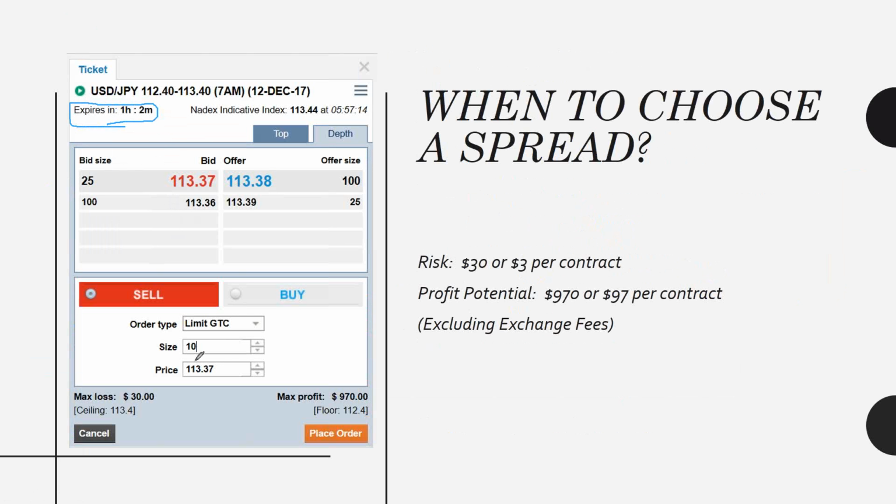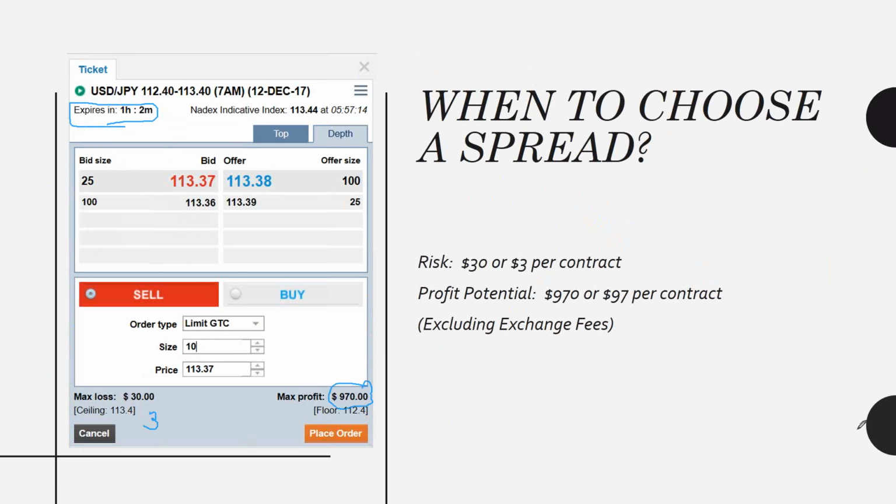Now, to sell this spread is going to be $3 of risk per contract or $30 for 10 contracts, okay? Your profit potential is $970. Wow, that's amazing, right? But that's trading 10 contracts, and again, if you were just trading one, it would be $97, right?